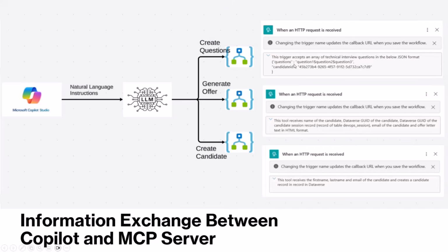We can talk about why it is not a JSON array later, but it just has to be a JSON object and not an array of objects. You need to pass the array in a different format. Likewise, generate offer receives the name of the candidate, the Dataverse GUID, and all this is described in just natural language. Similarly, the create candidate. The benefit of this description is that when the LLM calls, it already has the information. All it has to do is map that information to individual tools, and the JSON creation and all can be done automatically.